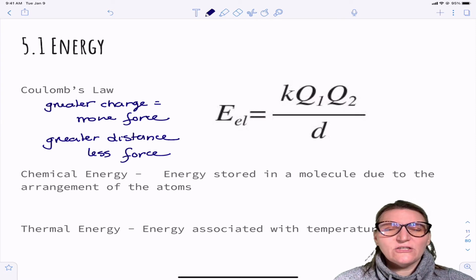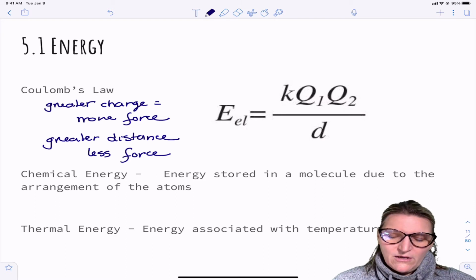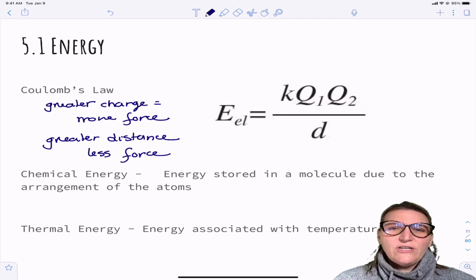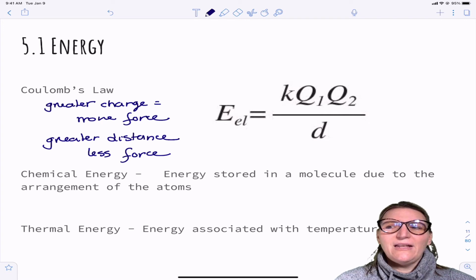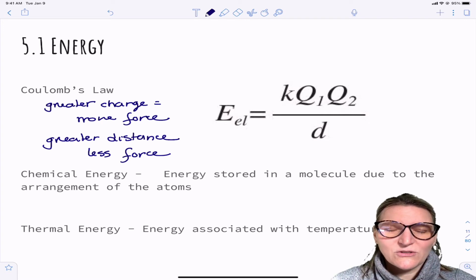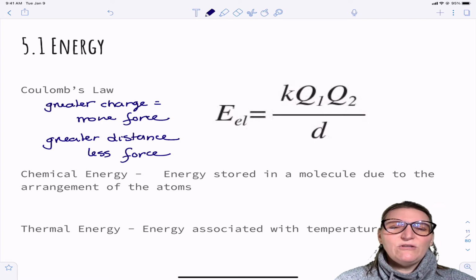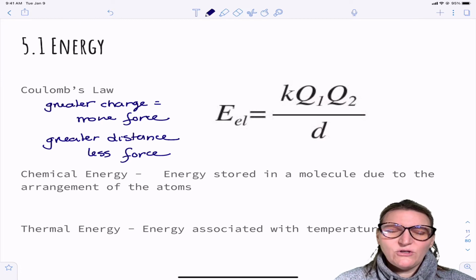And like I said, when we're talking about potential energy, that's what we mean by chemical energy. When you say a Snickers bar has a lot of energy, it's going to give me energy, what that means is that it contains a lot of calories. That's one of the units that we use to measure energy. And that means that the bonds in the molecules inside that Snickers bar have a lot of potential energy.